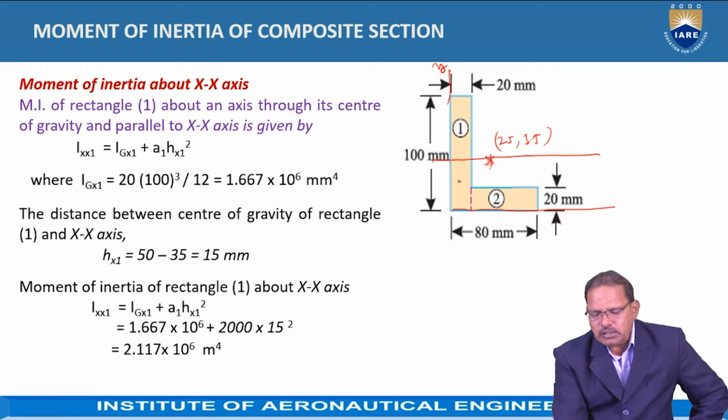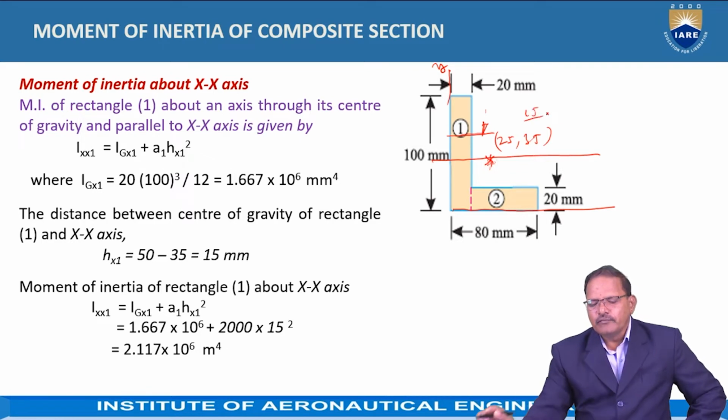The center of section 1 is at a distance of 50 mm, so the distance becomes 50 minus 35, that is 15 mm.